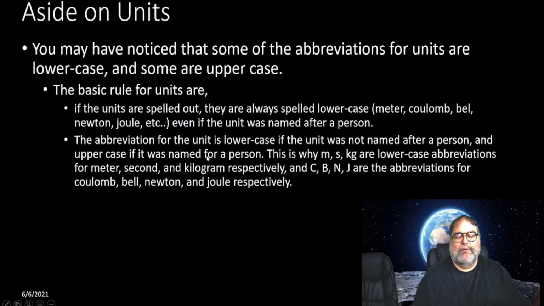The abbreviation for the unit is lowercase if the unit was not named after a person. So that's why m, s, kg are lowercase abbreviations for meter, second, and kilogram. And the capital C, B, N, and J are abbreviations for coulomb, bel, newton, and joule because they're named after somebody.